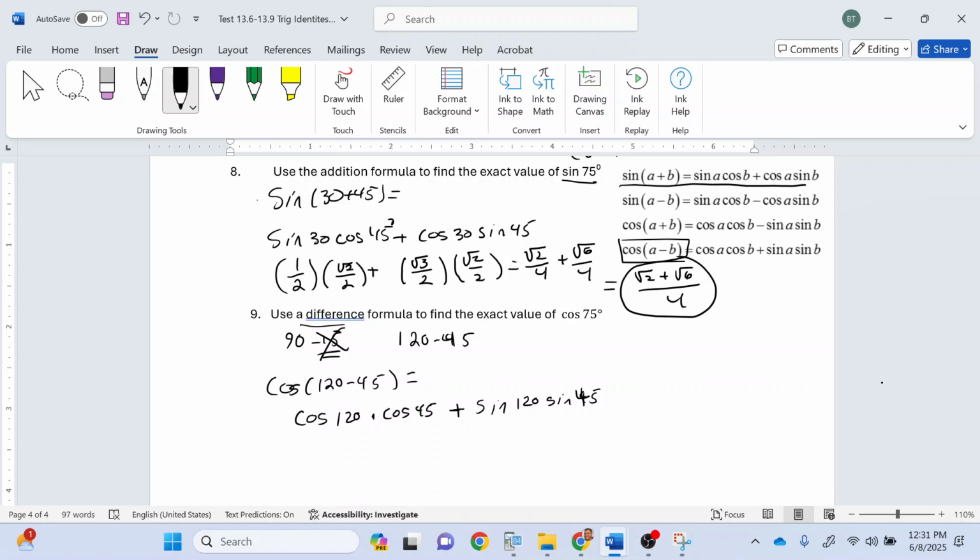So cosine 120, that is the same as a 60 degree angle. Because it's on the left, it is negative, so negative 1/2.